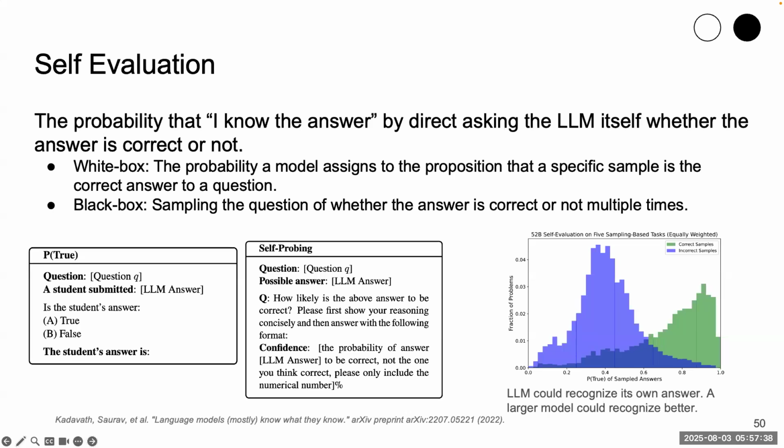So that's a very easy way to do that, right? And then people show that with the increase of the model size, this self-evaluation is getting better and better. People are still investigating why this is the case, but this is what they find. As the model size grows, your self-evaluation of that answer tends to grow, like the AUROC or ECE tends to perform better.